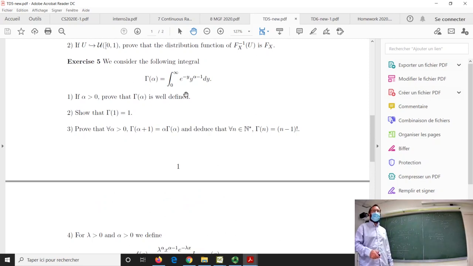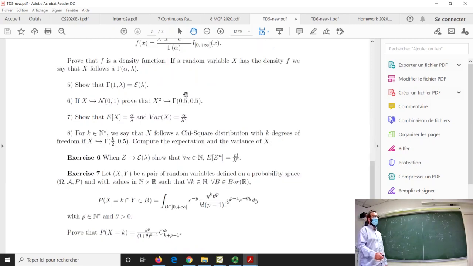We have seen together that gamma of alpha plus 1 is equal to alpha gamma of alpha. So gamma alpha plus 1 over gamma of alpha is equal to alpha. And so I obtain that the expectation of a gamma of parameter alpha and lambda is just equal to alpha over lambda. Okay? Alpha over lambda. So it's exactly what I want to prove in the question.